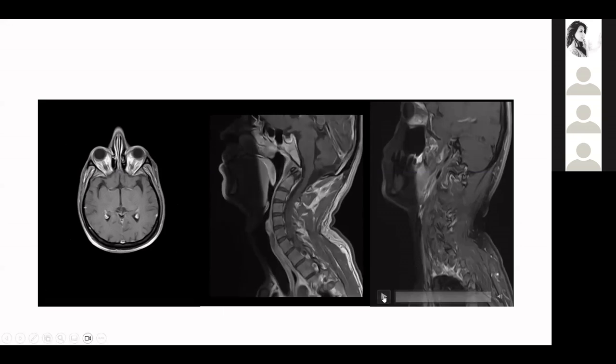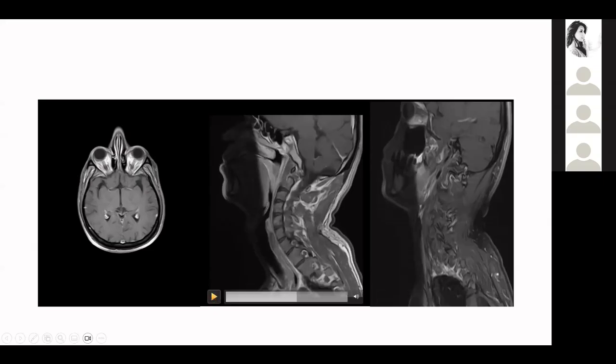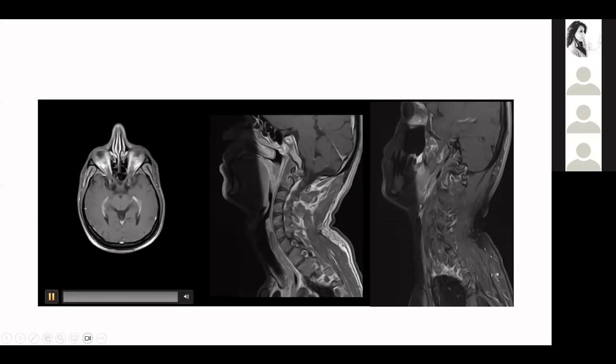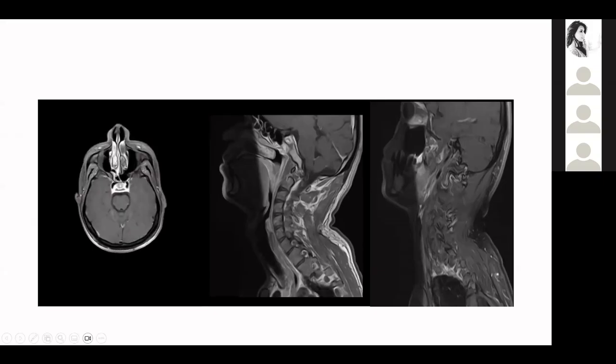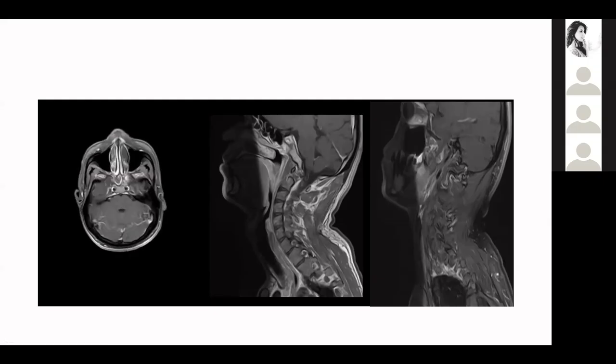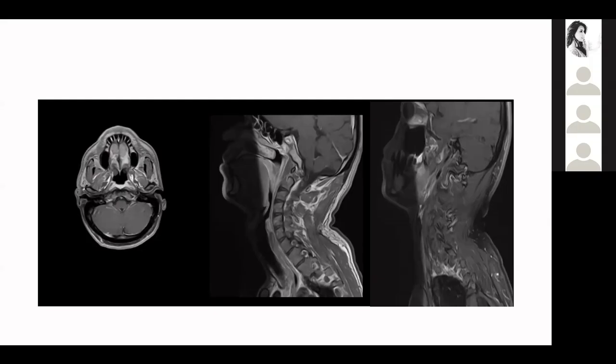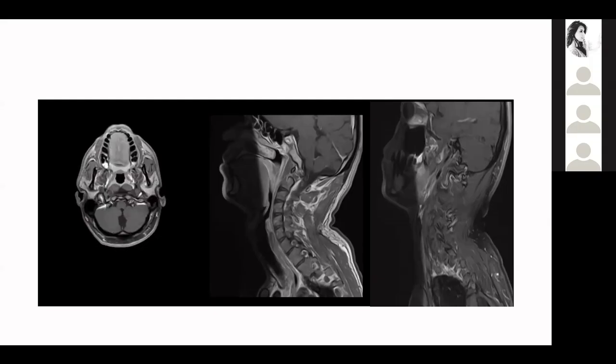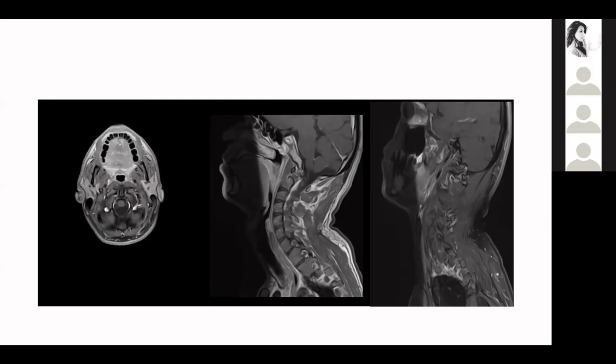Basically, these videos are not covering the lesion fully because they have limited field of view. But if you scroll the first one, the axial one, in this we can see that the brain parenchyma visualized appears normal, and both vestibulocochlear nerve complexes are also clear. Like we do not have any schwannoma over there.